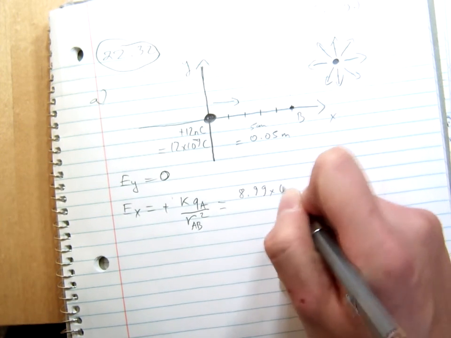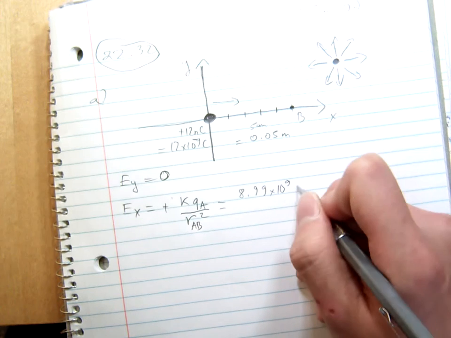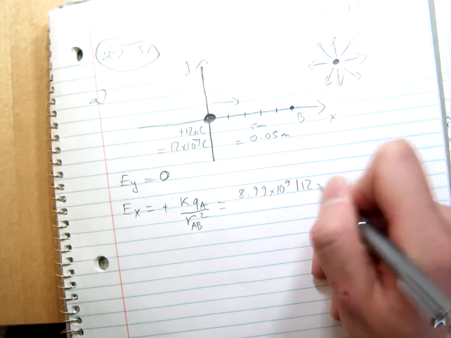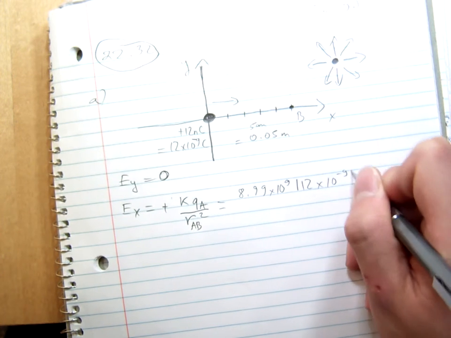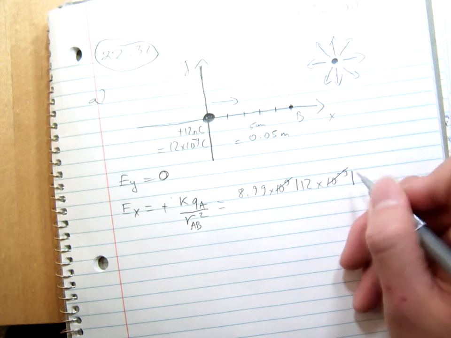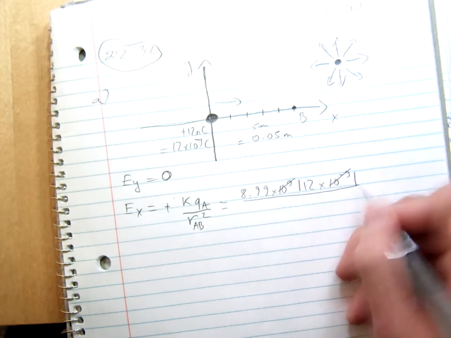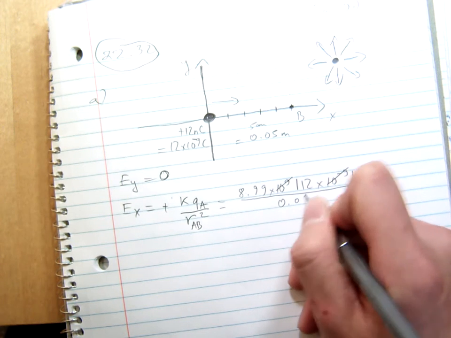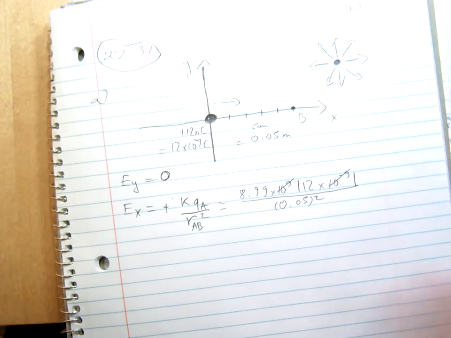That would equal 8.99 times 10 to the 9, the absolute value of 12 times 10 to the negative 9. Since 10 to the 9 and 10 to the negative 9 cancel, you're left with a nice number over the distance, 0.05 squared.